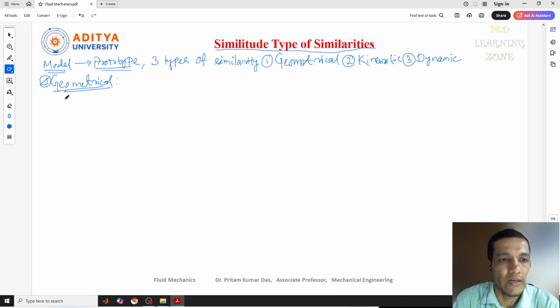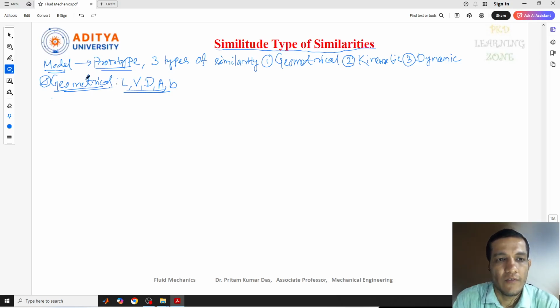Basically we consider length, or volume, or diameter, or area, or width or breadth. These are the parameters in the geometrical similarities.